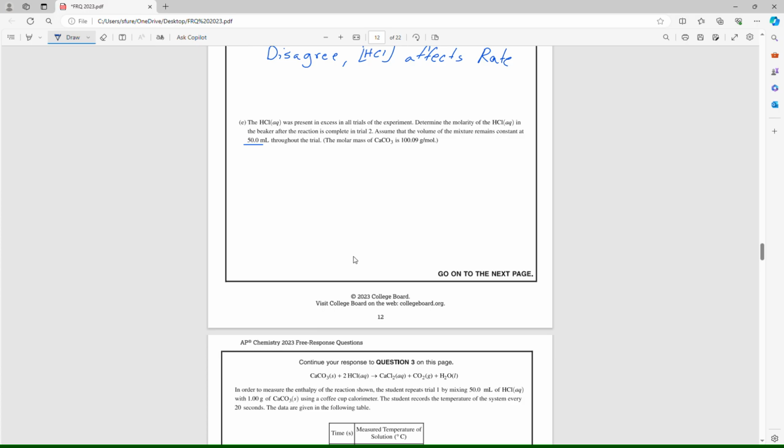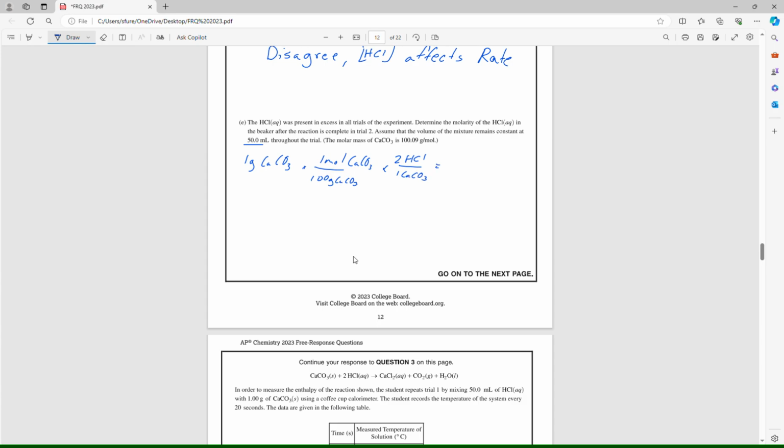All right, let's start it. 1 gram CaCO3 times the reciprocal of the molar mass, which is given to us, 1 mole. I'm just going to use 100 grams CaCO3. Always indicate what moles you're talking about. And then the molar ratio was 2 HCl for every 1 CaCO3.